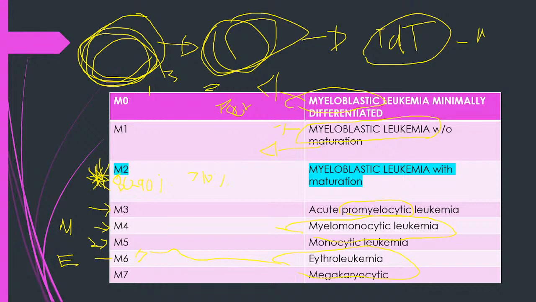What is the youngest cell in last week's discussion? What is the youngest cell in the RBC maturation series? All right. Is that correct? Can somebody help her out? Somebody said erythroblasts. All right.